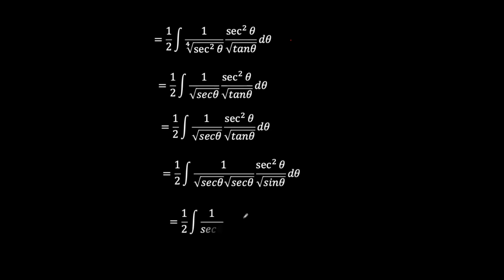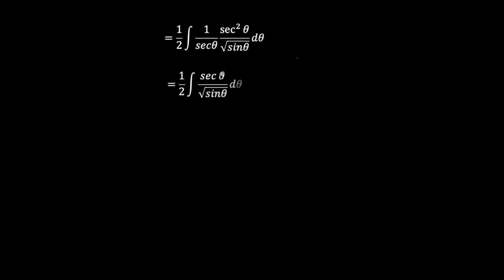So we are left in the numerator with sec theta. So what we have here is half of the integral of 1 over sec theta times sec squared theta over square root of sine theta. So this divided by this results in half times the integral of sec theta over square root of sine theta.